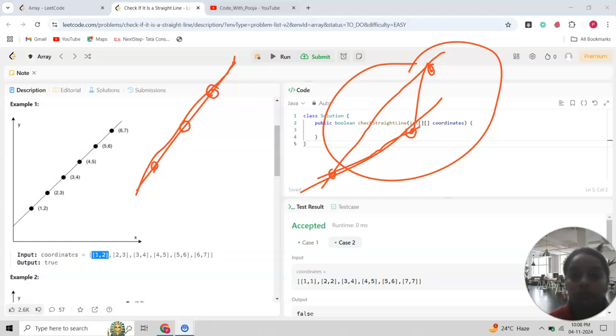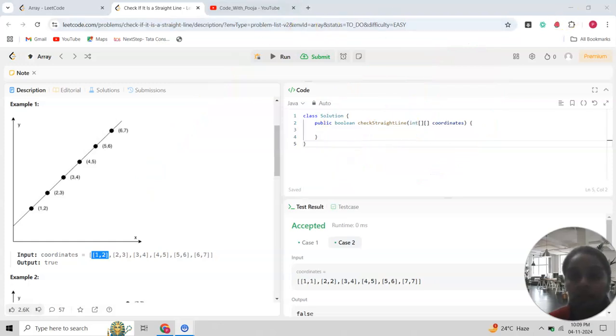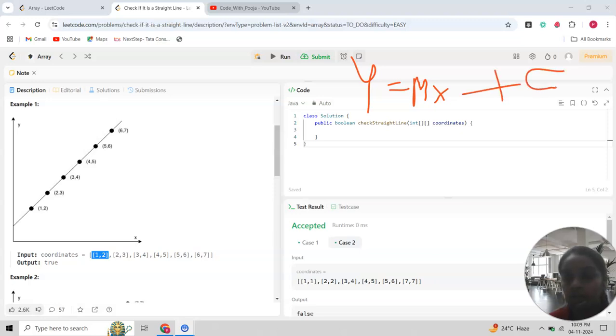Now we know the equation for a straight line: y equals mx plus c, where m is the gradient.